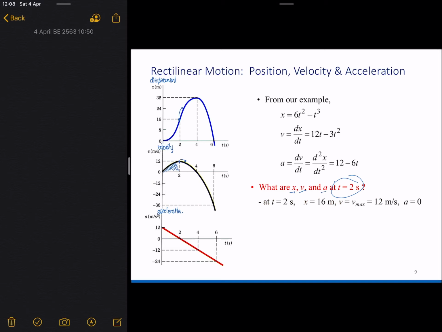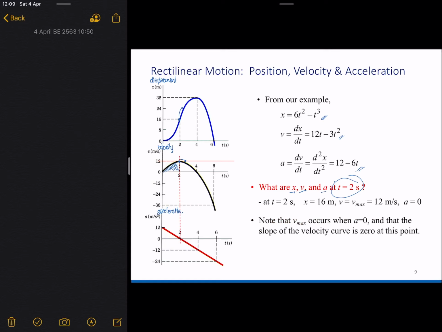Or another way, you can take a look at the graph, but I would say in reality, in assignments or problems, we will mostly get the functions of displacement, velocity, and acceleration. You can just plug in those 2 seconds into the formula, and then you get those results, right?